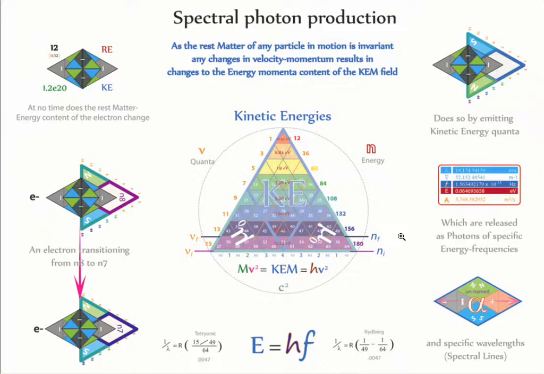And again, because the geometry is a fixed geometry for Planck's constant and for quanta, we get specific frequencies, wavelengths, and specific energy contents, mass, for the bosons and photons that are emitted by energy level transitions.